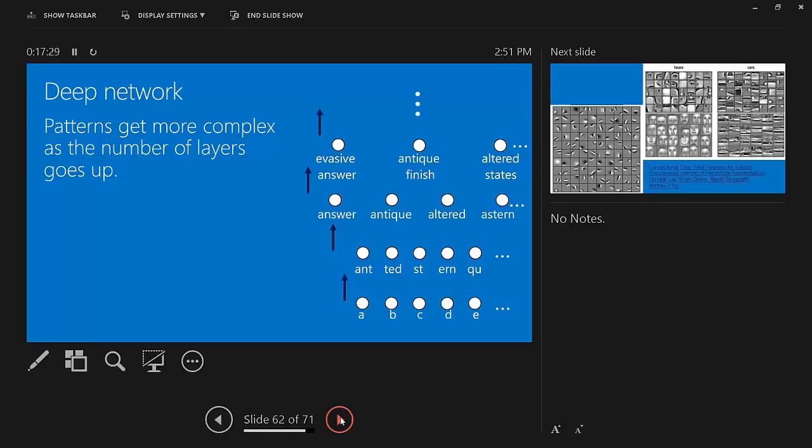Each level you go up, you get combinations of what happened the level before. So by the time you get to your second level of outputs, you're getting perhaps words in the English language, if that's what you're training on. The layer above that, you get combinations of words, short phrases, and so forth. And you can do this as deep as you like.